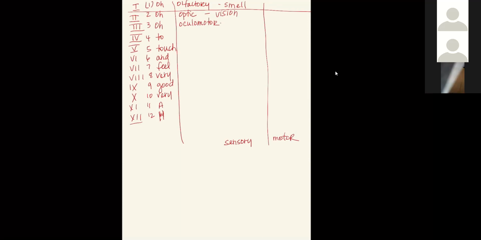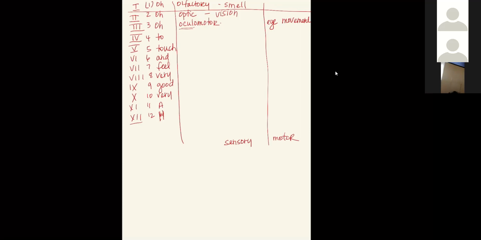If you look at this, oculo is eye, and motor is movement. So it has to do with eye movement. There's way more details than that, but this is good. I'm fine with that.